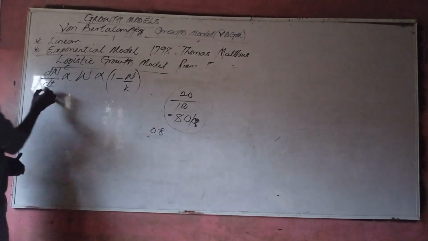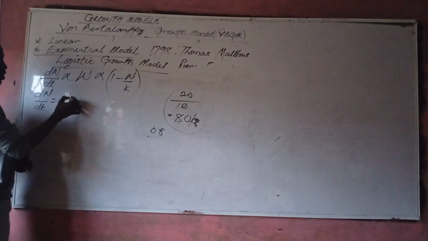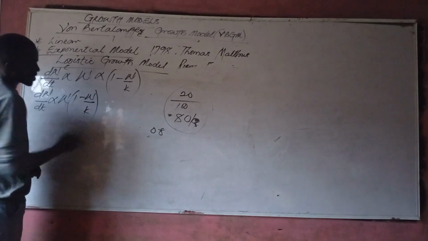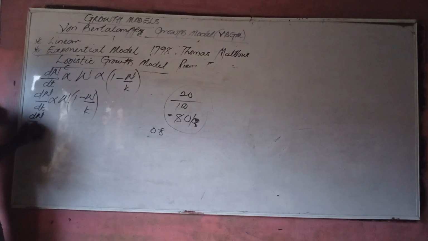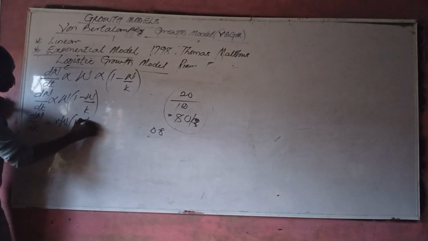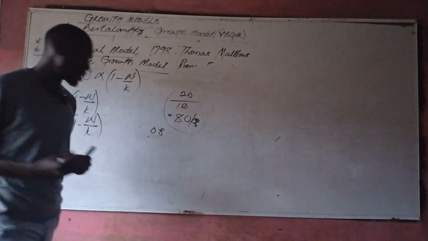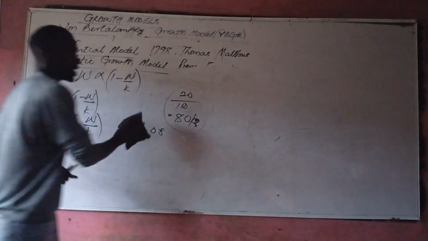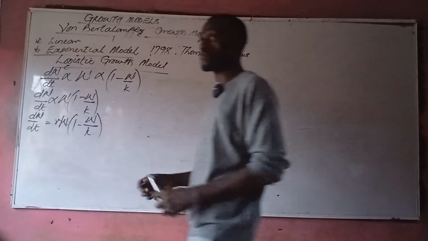Do you understand now? So together, I could therefore say that the dW/dt will be directly proportional to W into bracket 1 minus W over K. So from here, therefore, we know that the dW/dt will be equal to our constant R, W into bracket 1 minus W over K. So in like manner, we are going to do first order differential equation, which is separation of variable, using separation of variable, right?